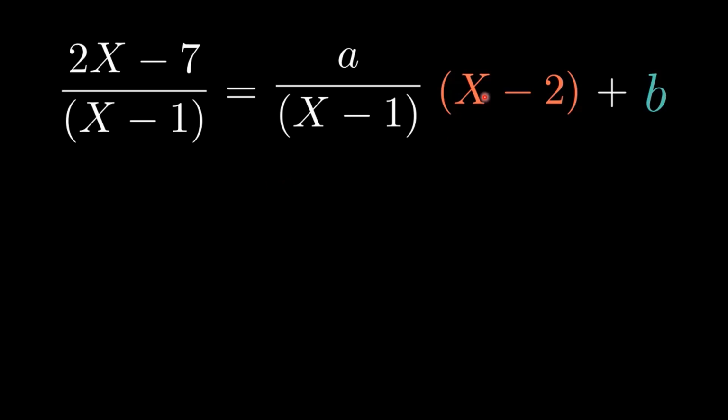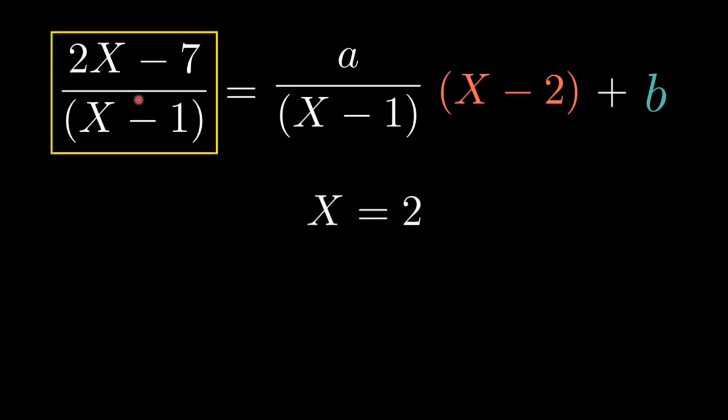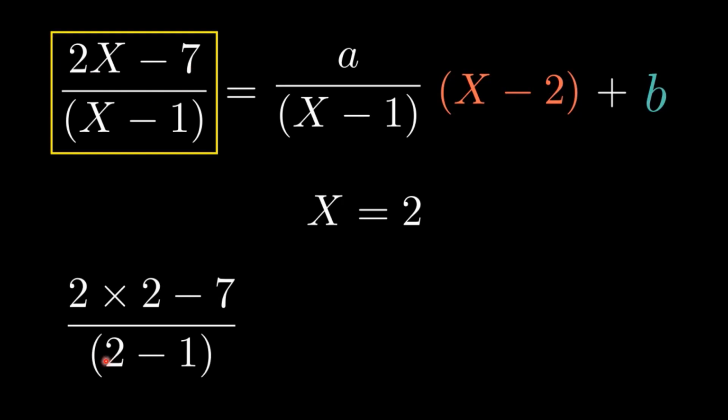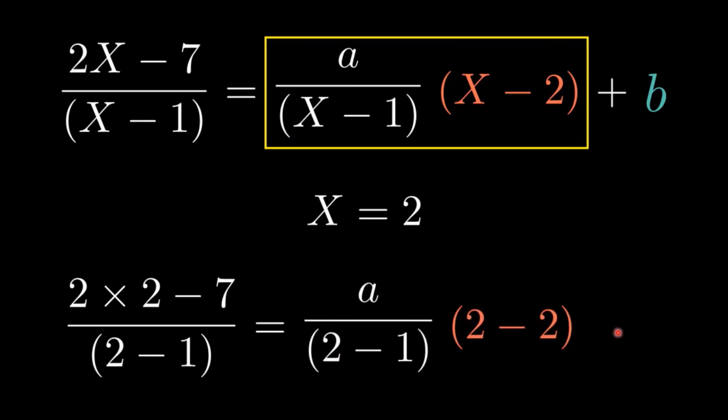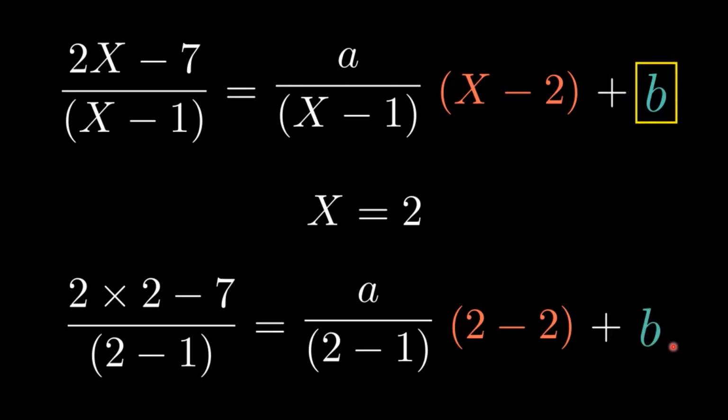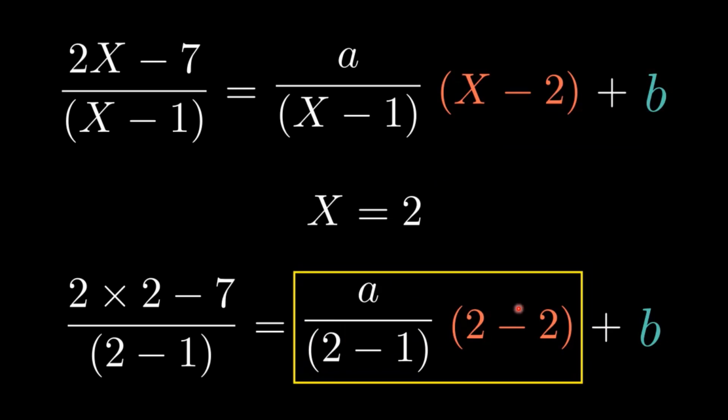If we take x equals 2, then 2 minus 2 is 0. So 2 is the best value. When x equals 2, 2 times 2 minus 7 over 2 minus 1 equals a over 2 minus 1 times 2 minus 2, plus b, which is a constant. So this is 0, since 2 minus 2 is 0.